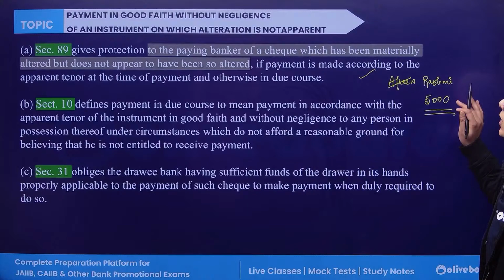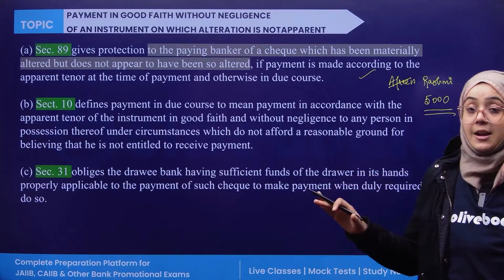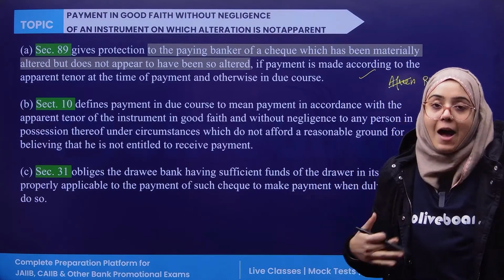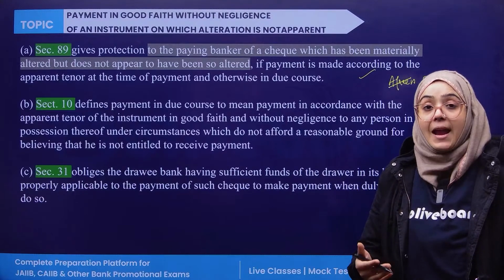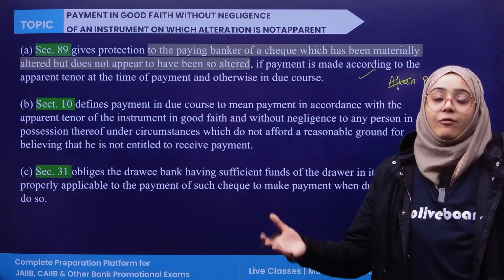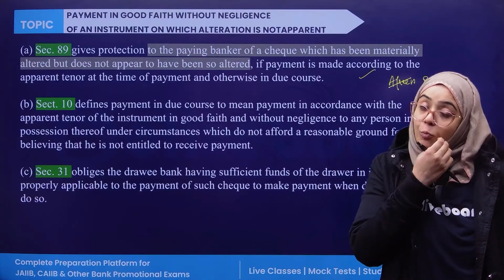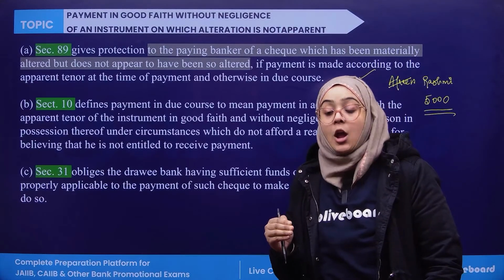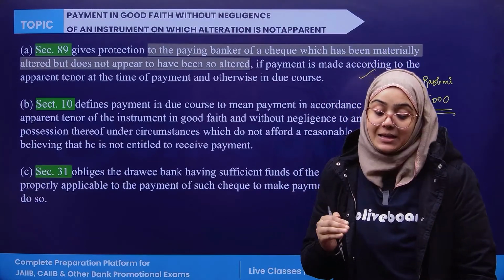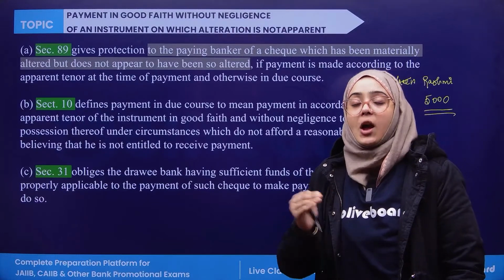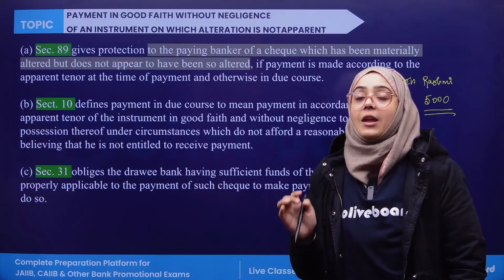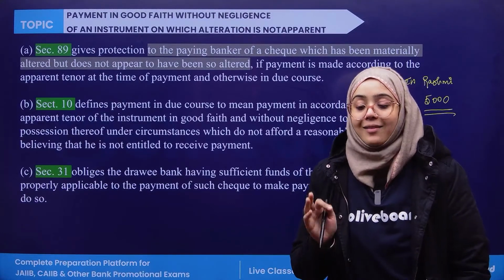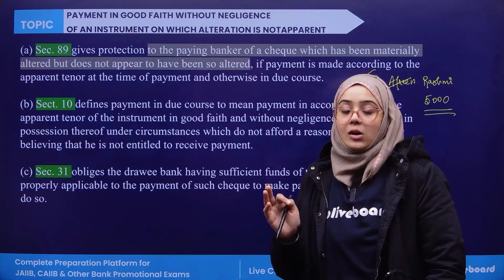This is an alteration which doesn't appear to be altered. Now, if the paying bank has paid this check as 5,000 rupees, the paying bank is protected from any type of loss and compensation. Why? Because this check has been materially altered in such a perfect manner that it is impossible for trained eyes to detect that alteration.